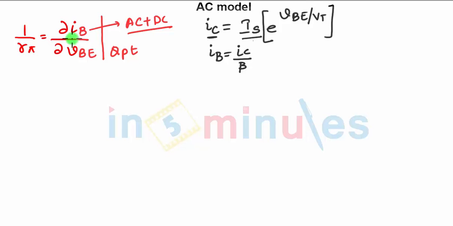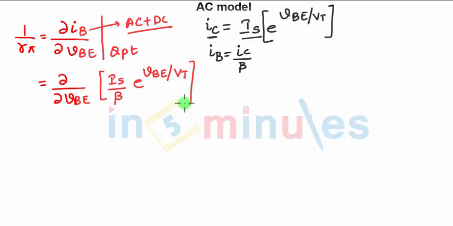So if I want IB, I have the equation for IB as IS upon beta e raised to VBE by VT, and we take the change with respect to VBE. Now at which point are we finding this? We are doing this analysis at the Q point.